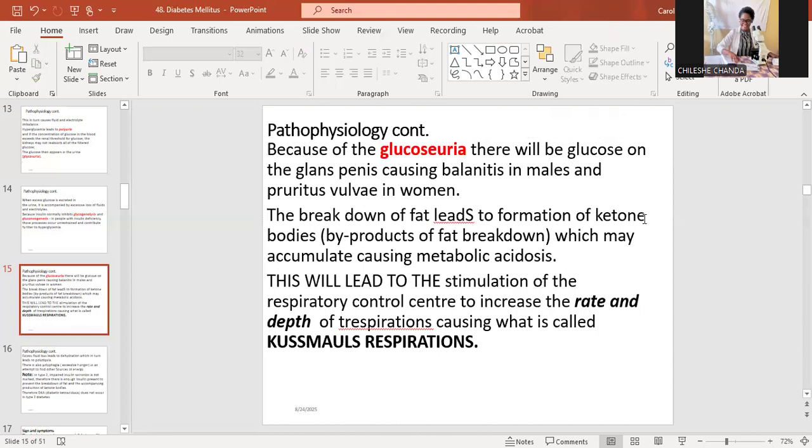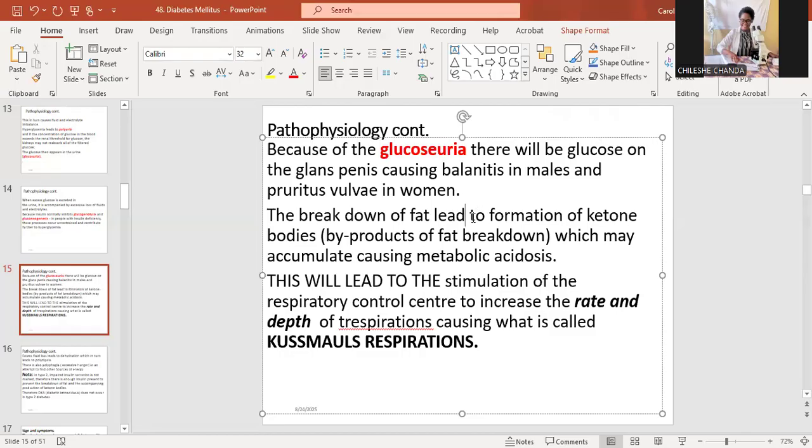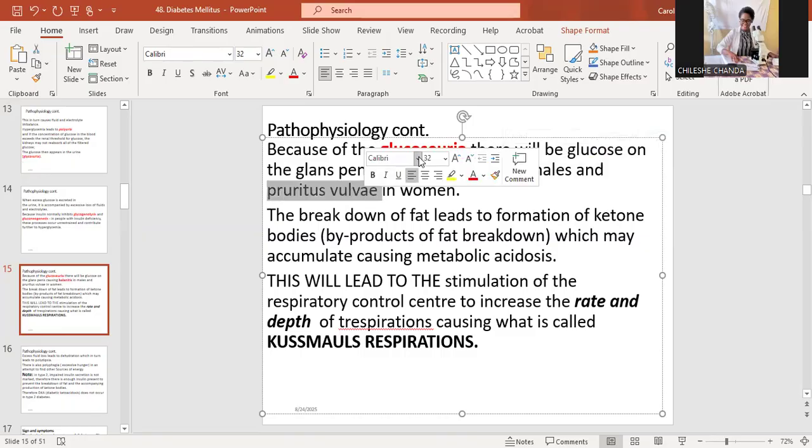Because of these sugar molecules settling on the vulva and on the glans penis, the patient will start experiencing itching in those areas. This itching is known as balanitis in men and pruritus vulvae in women. The patients will start having itching of the private parts.